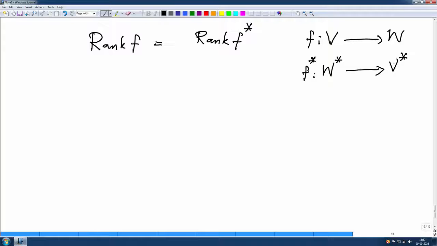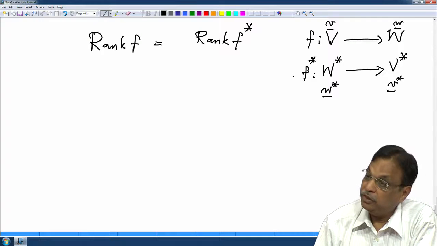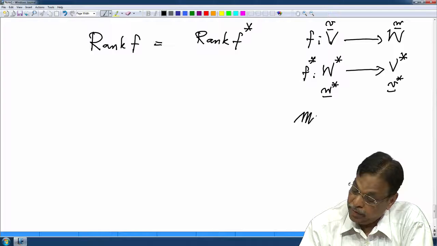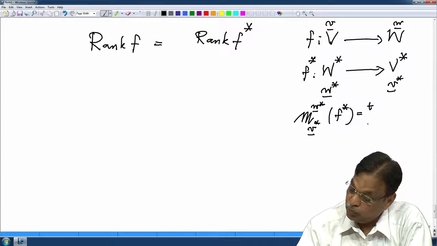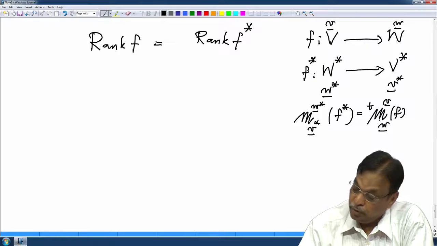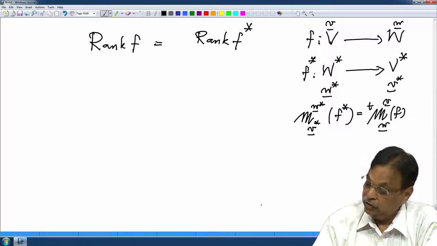And if you take a basis V here, W here, the corresponding dual basis W star and V star, we know the relation between the matrices also, that is, the matrix of the linear map F star with respect to the basis W star and V star is the transpose of the matrix of F with respect to the basis V and W. This we have proved last time.